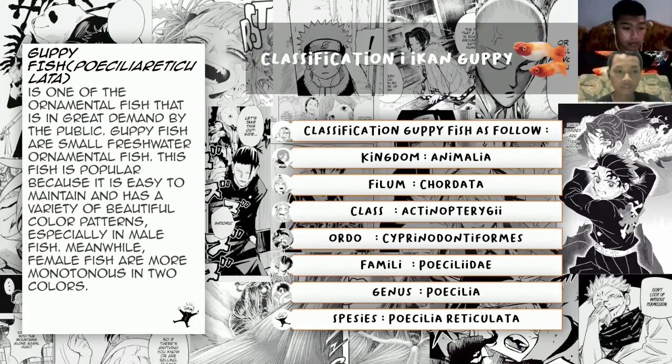This fish is popular because it is easy to maintain and has a variety of beautiful color patterns, especially in male fish. Meanwhile, female fish are more monotonous in color.